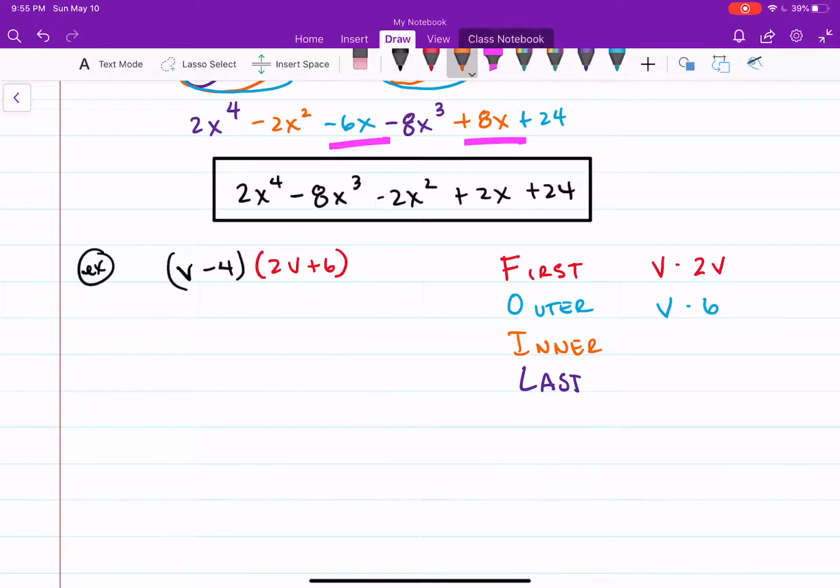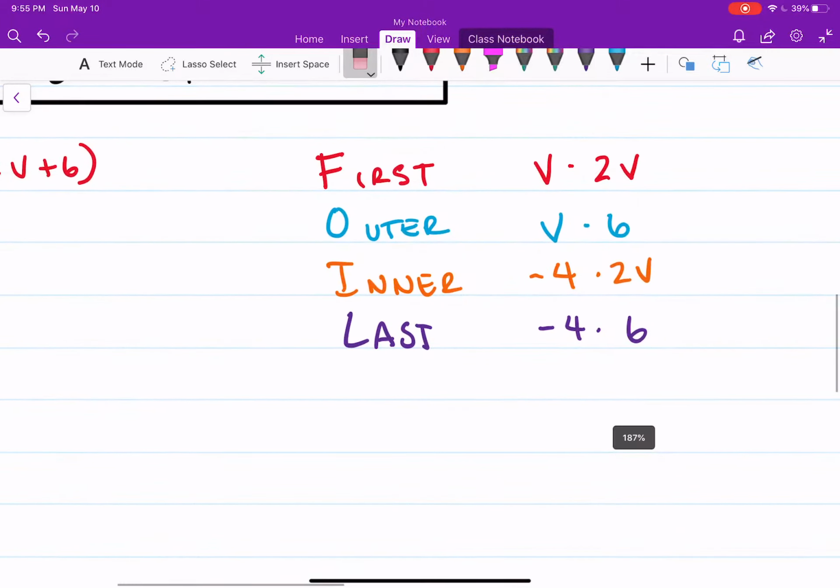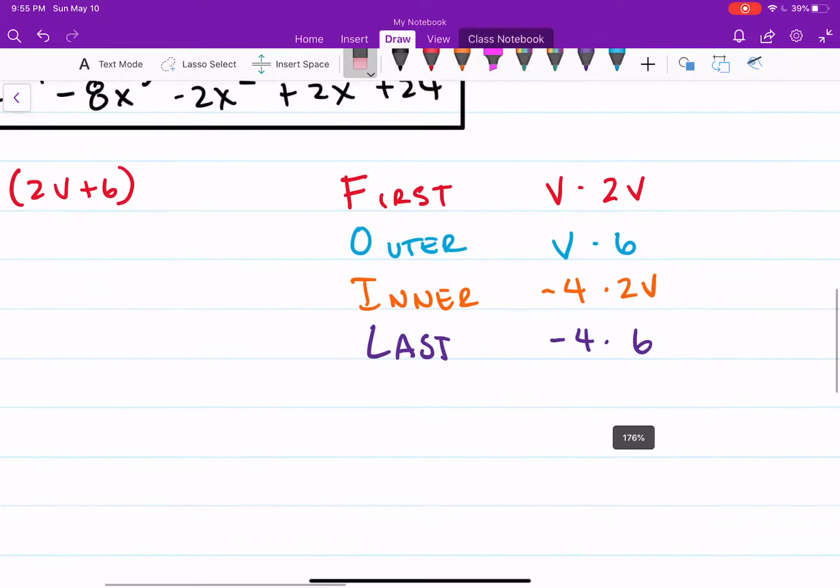Then inner, I said was the inner 2, which would give you negative 4 times 2v. And then we have last, which is the last term in each group. So that'd be negative 4 times the 6.